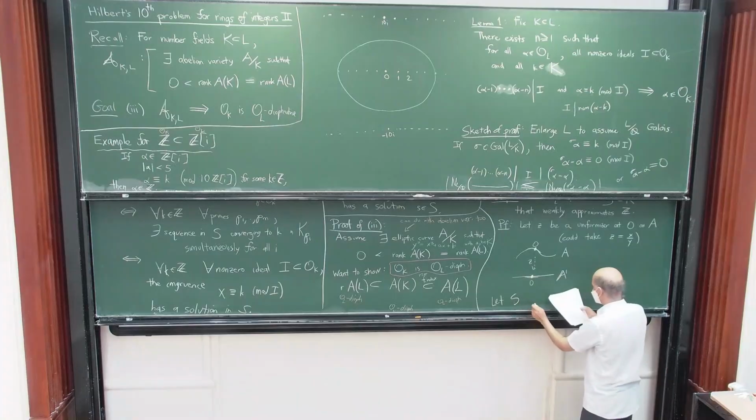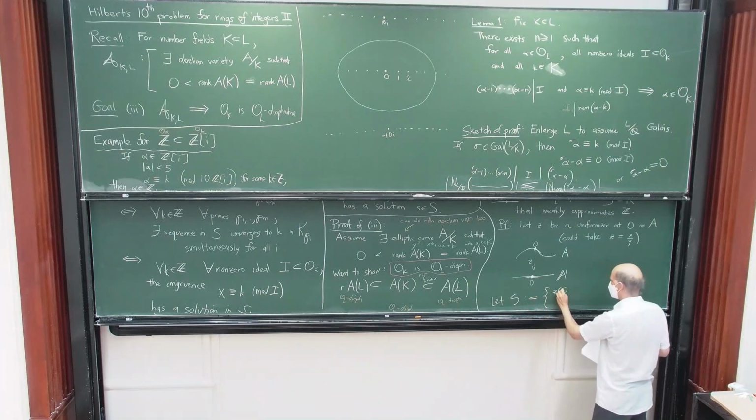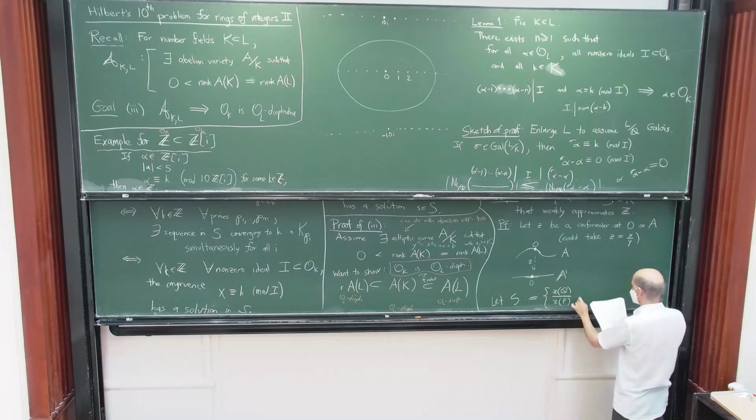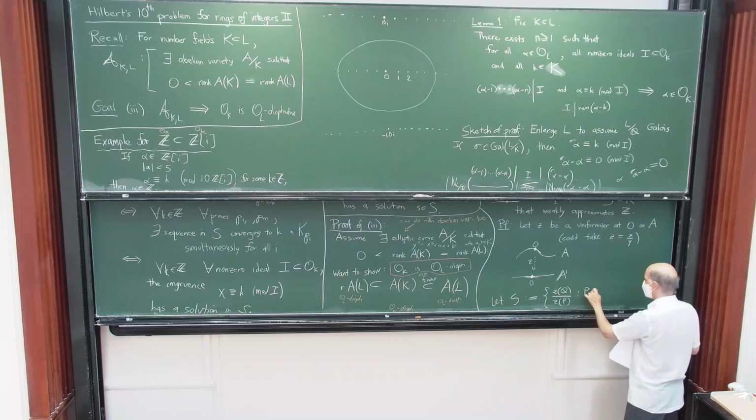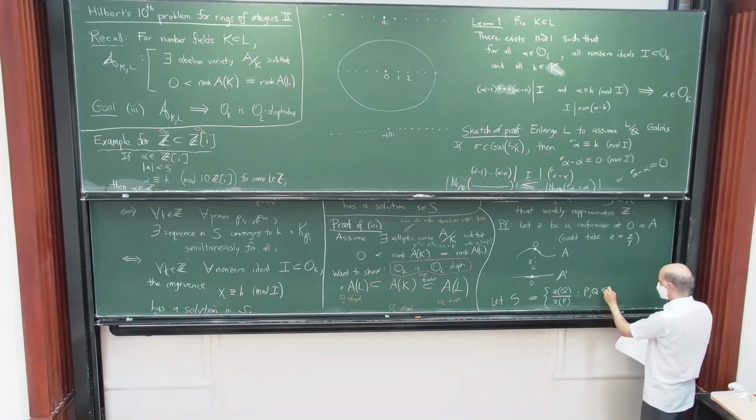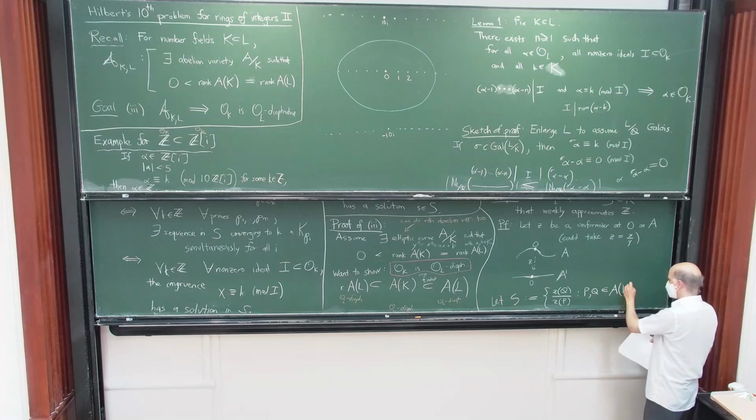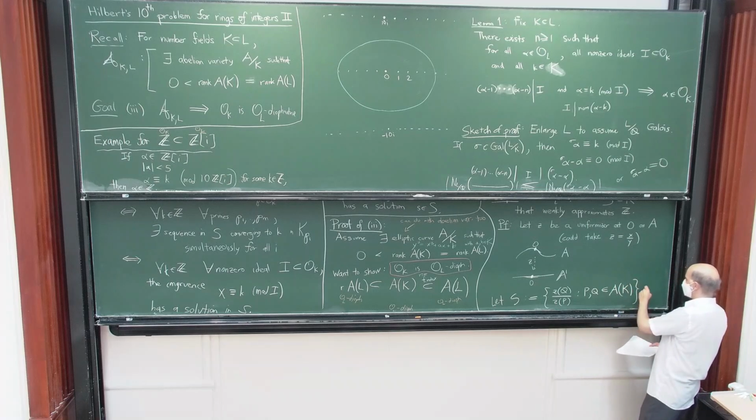Okay, so S will be the set of ratios of coordinates of points P and Q in A(K).